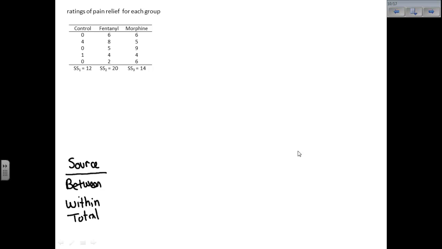And the formula for total sum of squares is equal to the sum of x squared minus the sum of g squared divided by sample size for the entire study. And then within is just the sum of the sum of squares. And then between, I'm just going to do sum of squares total minus sum of squares within.